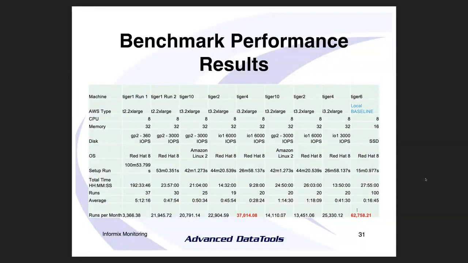If I was just going to run the same benchmark over and over again for a month, I could do 62,000 runs on my local machine. And I can only do 37,000 on the largest, most expensive Amazon cloud machine. So that gives you an idea of it.